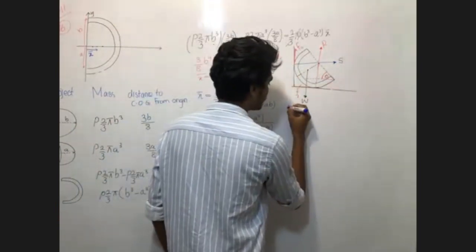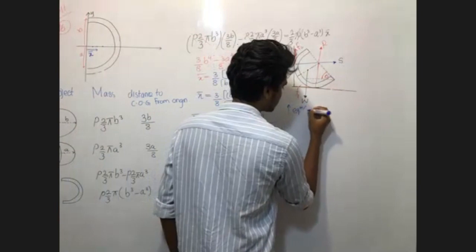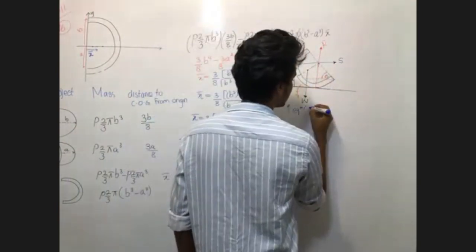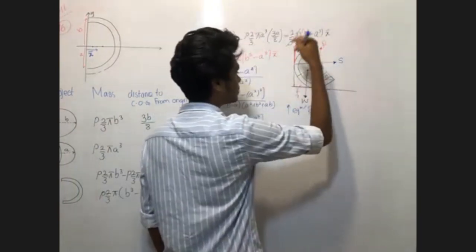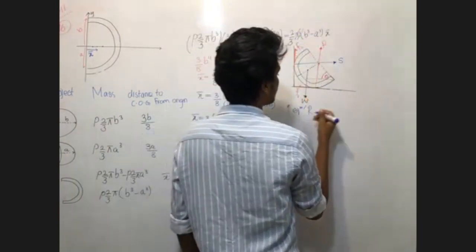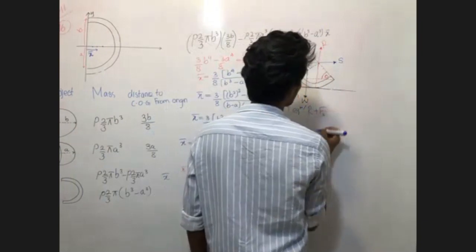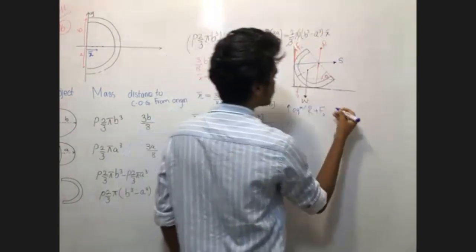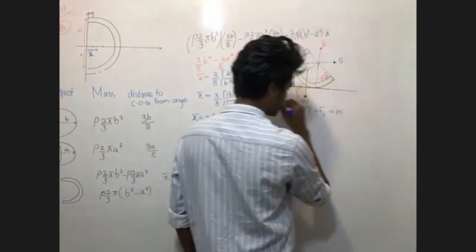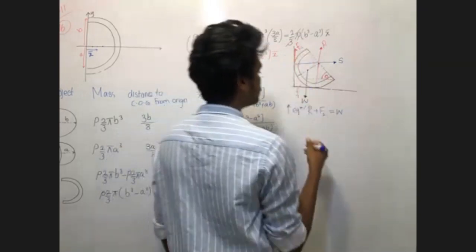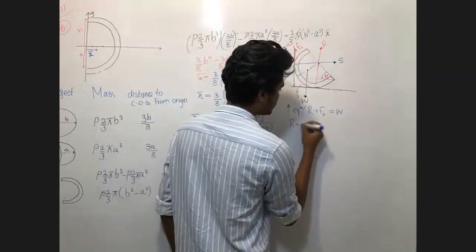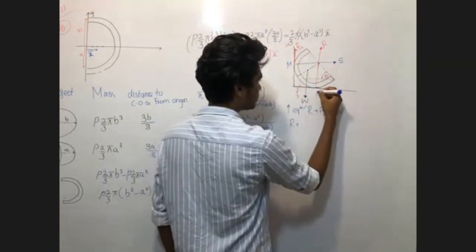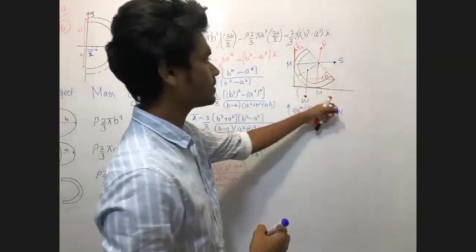So yes, vertical equilibrium. That means R plus F2 is equal to W. What is F2? They have given the coefficient of friction mu, both with similar coefficient of friction, equal roughness.